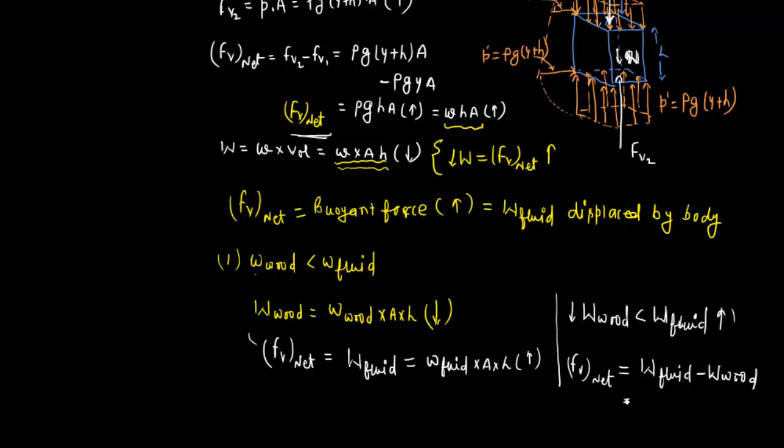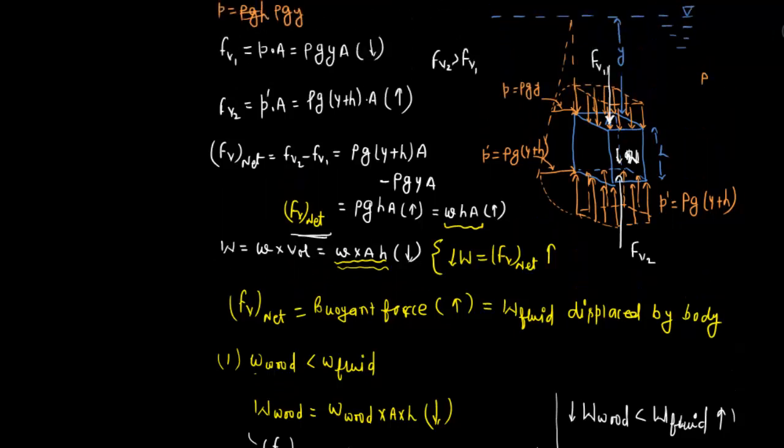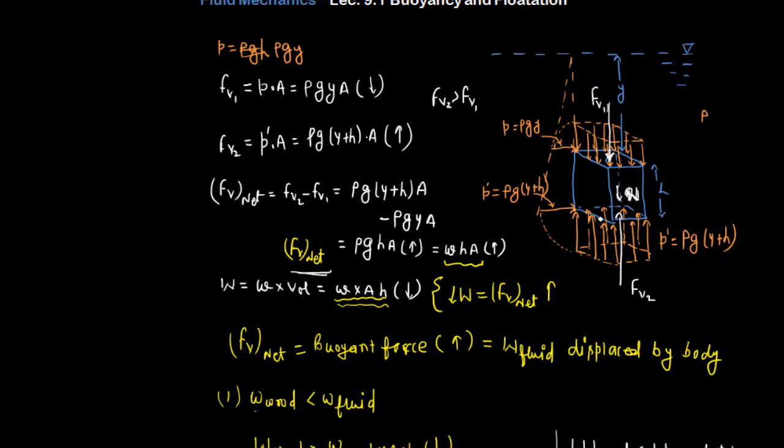This is the net force acting in the vertically upward direction, and due to this net vertical force, this wood will start to move upward, or rise in this fluid.